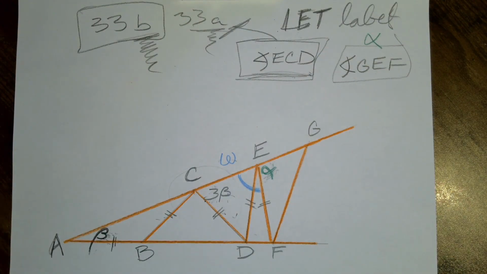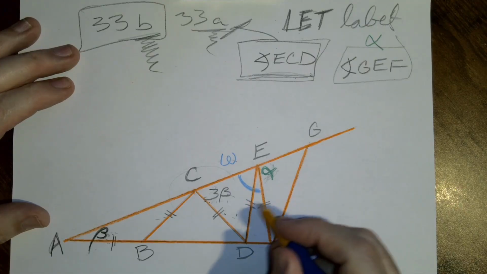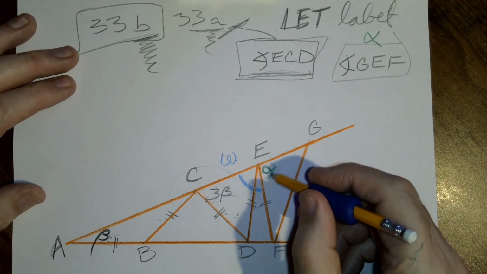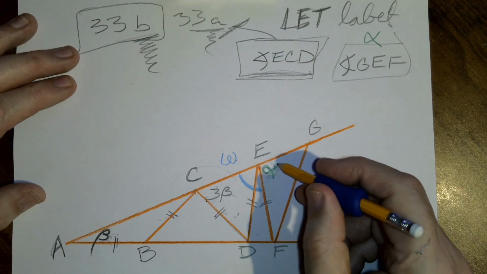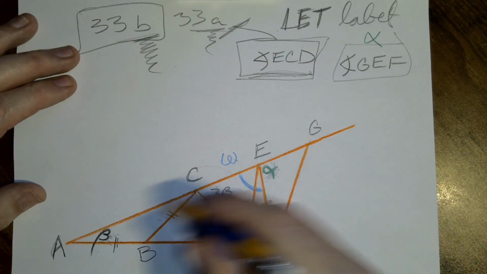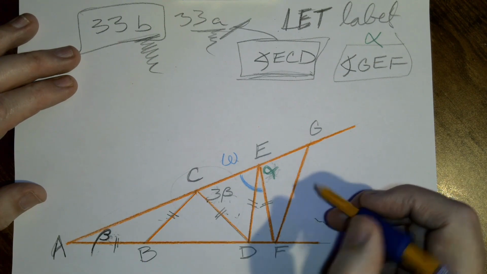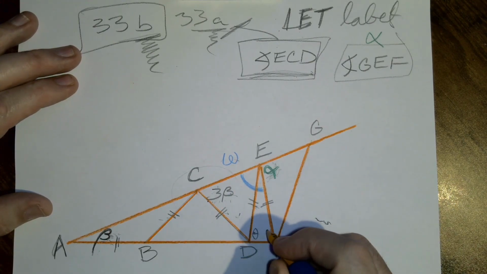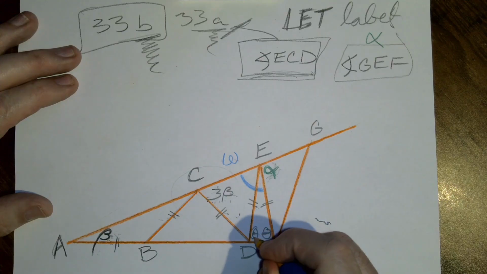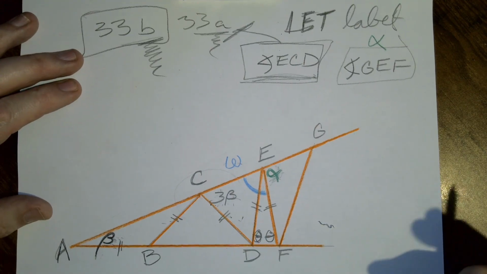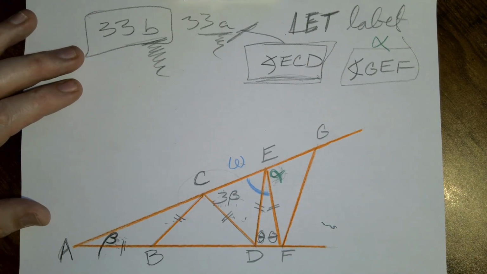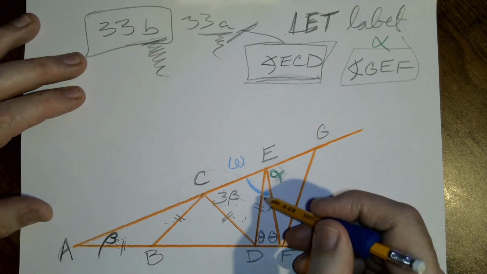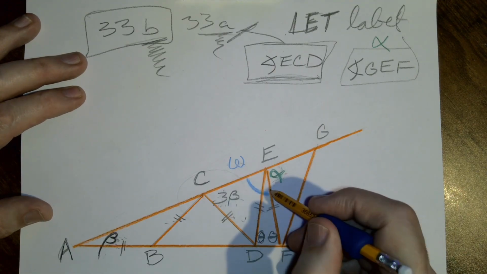So we have an isosceles triangle here next to the angle we're looking for, or the angle in question. So let's label this theta, and this is theta down at the bottom. Theta and theta. That makes part of omega.